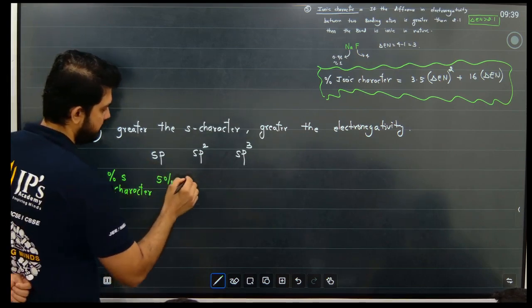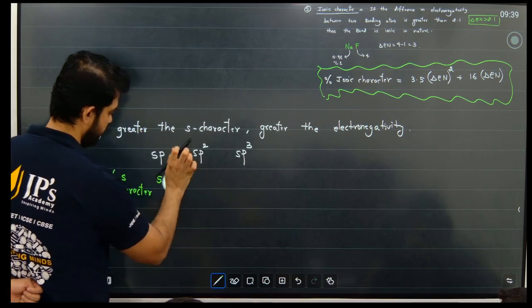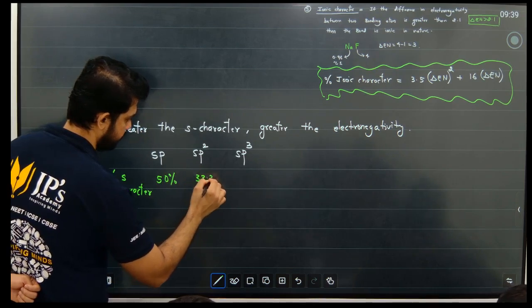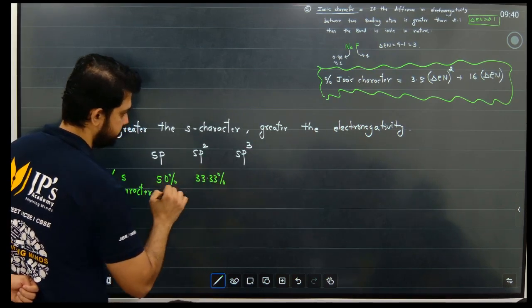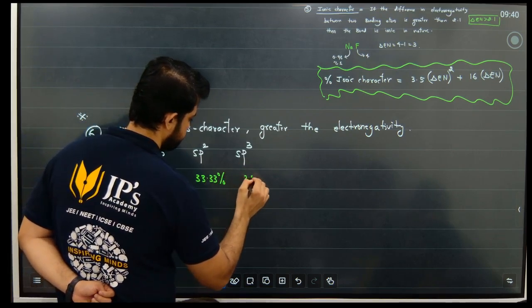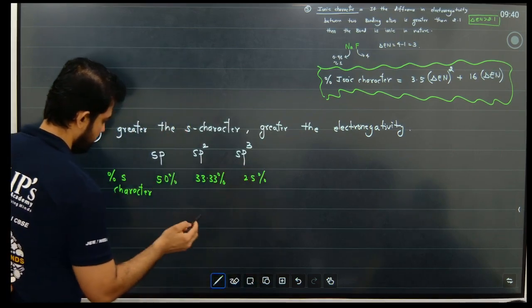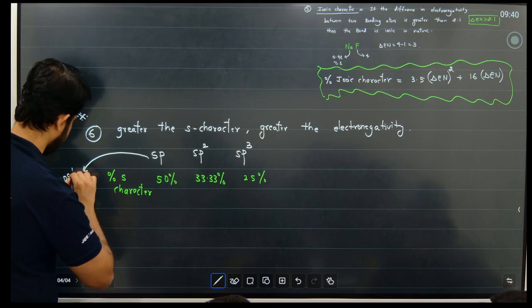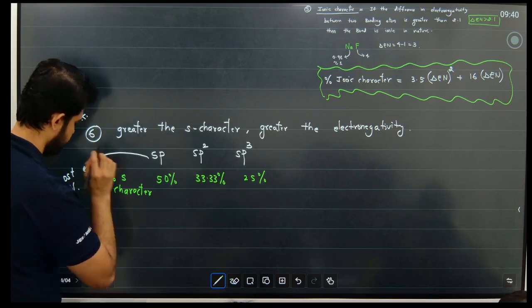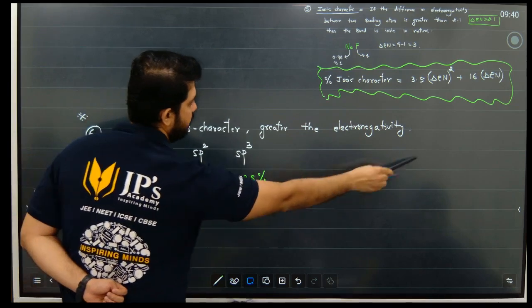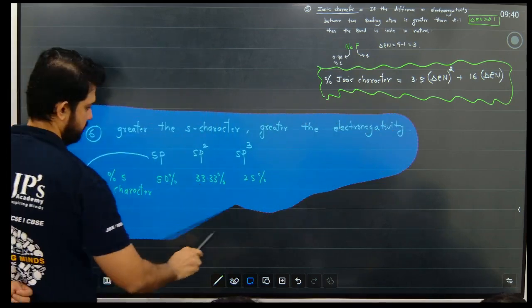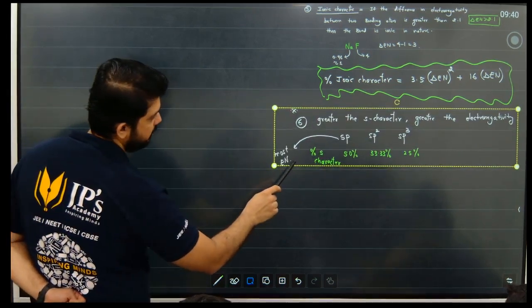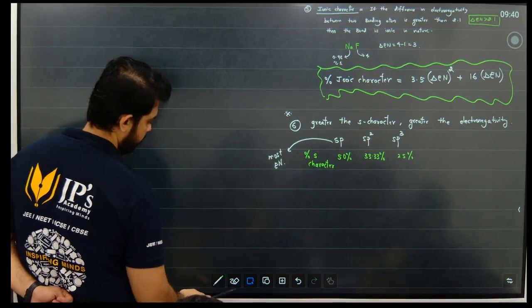These are all orbitals S and P. I think आपको पता है already. चलो next. So greater the S character, greater will be the electronegativity.